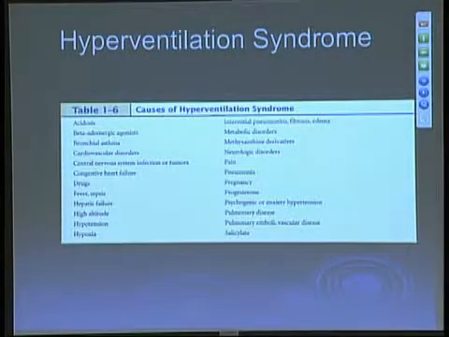Beta agonists, too much beta agonists. They've sucked on their inhaler too many times before you showed up. Asthma, cardiovascular disorders, congestive heart failure, fever, sepsis, hepatic failure, high altitude disease, etc. Pain can cause it, on and on and on.